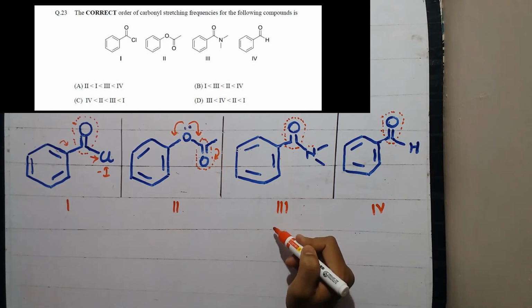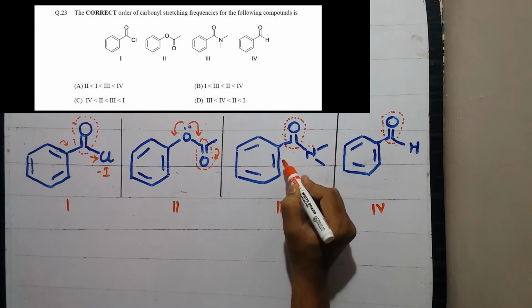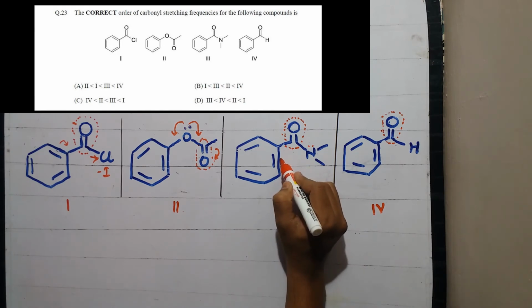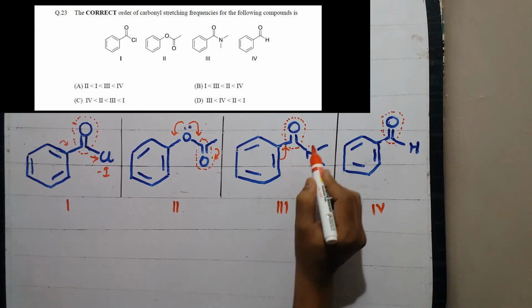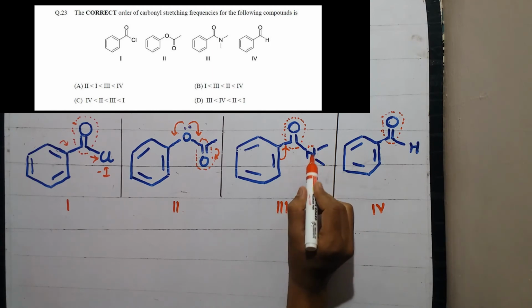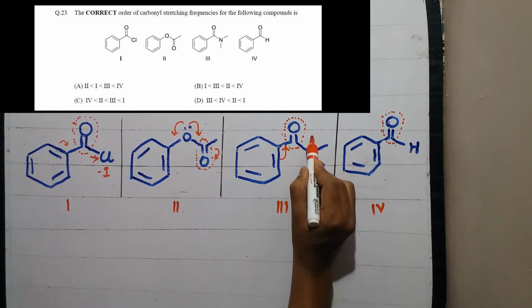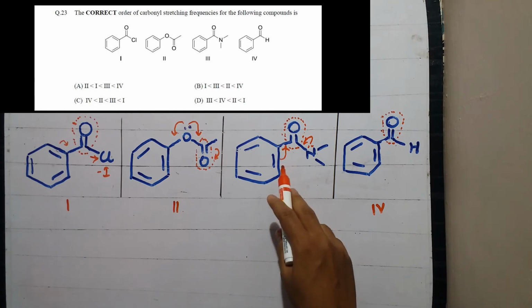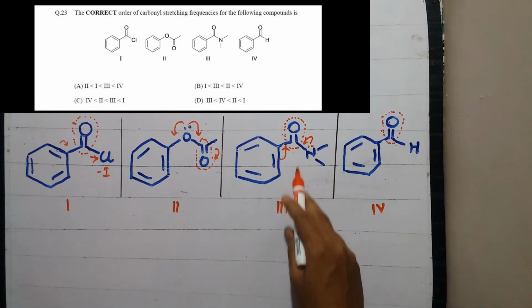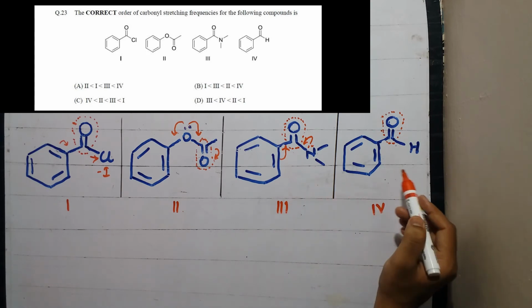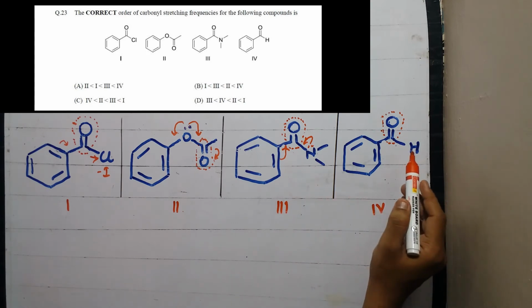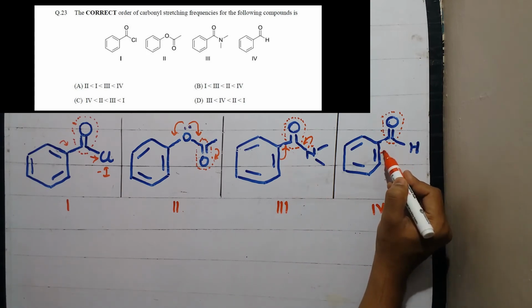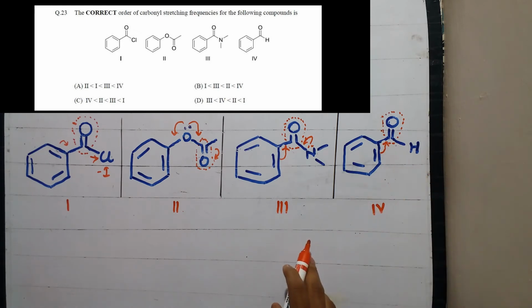In the third molecule, there is conjugation of the benzene ring as well as a lone pair on the nitrogen, hence conjugation may also occur in this way. So there are 2 possible ways in which the CO bond order decreases. Here the hydrogen plays no role, hence only conjugation occurs due to the benzene ring.